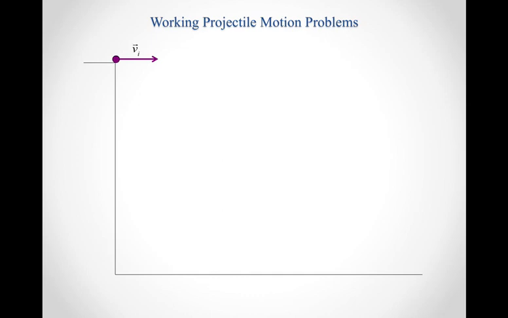In this case, let's assume that we're standing on top of some building or cliff and we're going to throw our projectile horizontally. So I have an initial velocity vector that points horizontally. I know that projectile is going to fly out and hit the ground traveling with some velocity that points downward. It's going to have picked up speed, so the final velocity vector will be larger in magnitude than the initial velocity vector.